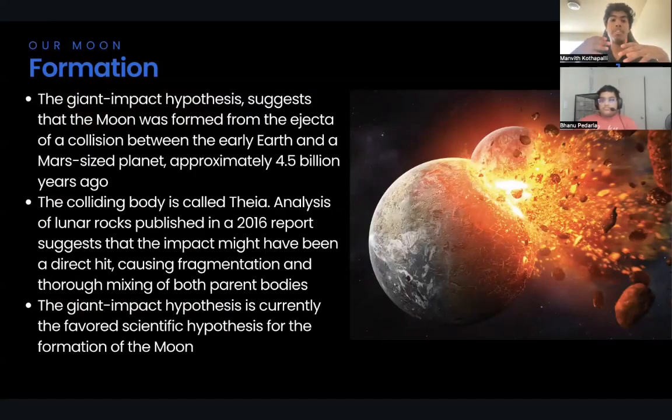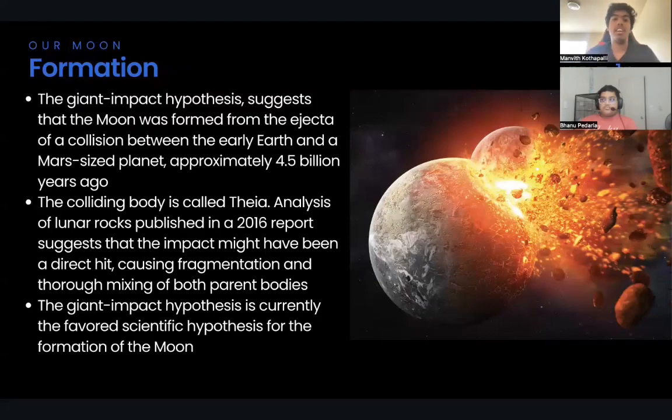The analysis of lunar rocks published in a 2016 report suggests that the impact might have been a direct hit, causing fragmentation and thorough mixing of both parent bodies. The giant impact hypothesis is currently the favored scientific hypothesis for the formation of the moon.